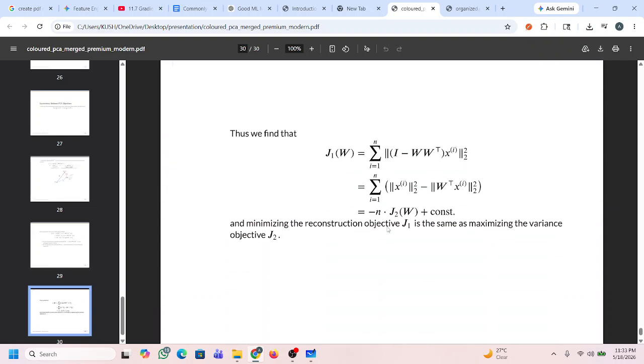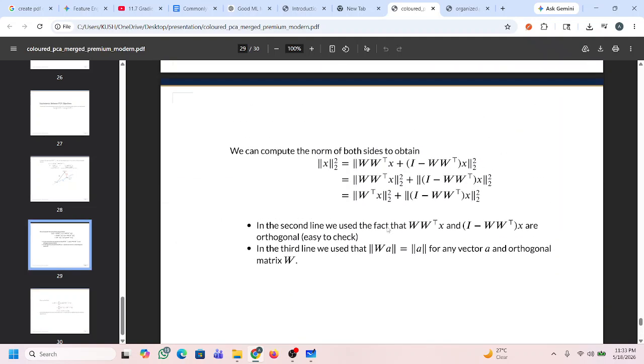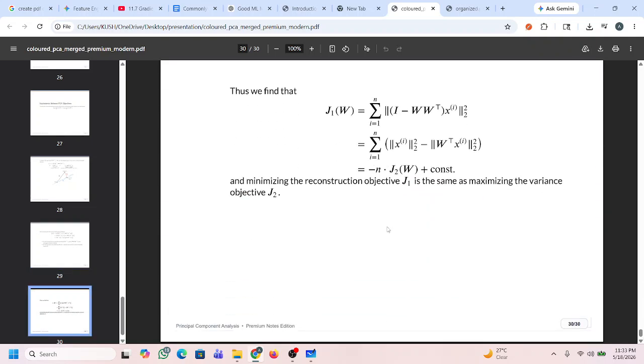Now coming to the next thing, the second of our objectives was to maximize the variance. So what I can write here is the sum from i equal to 1 to n of the squared norm of (I minus W transpose) xi.